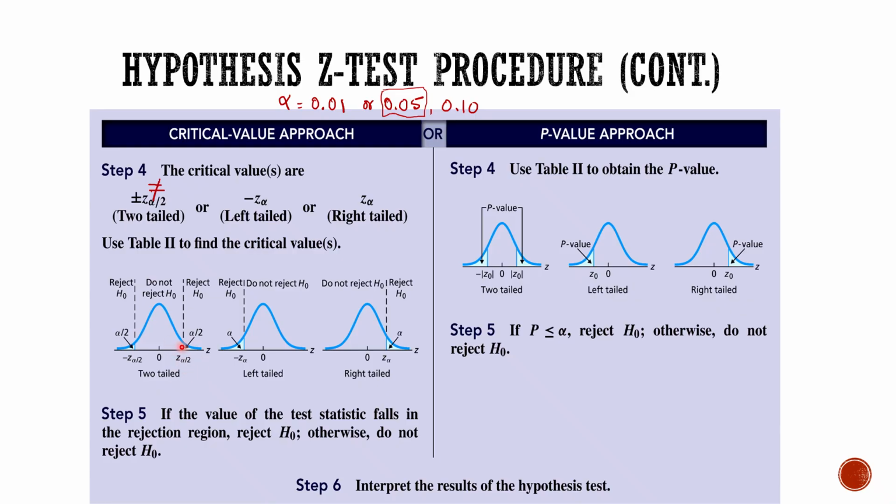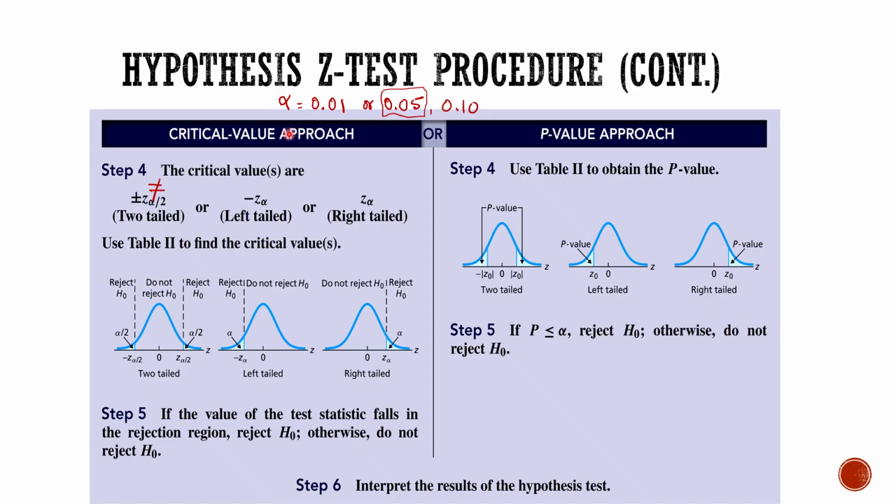And in the case of a two-tailed test, the alpha value has to be split into two. All right. Now, recall that the alpha value is also the area of the reject region, because the alpha value is the probability of making a type 1 error, correct?